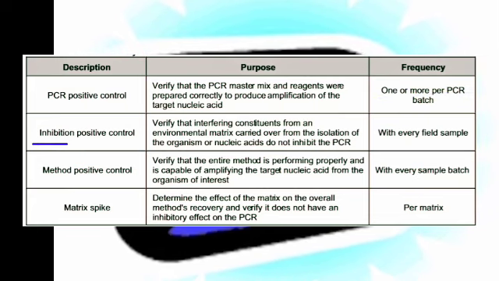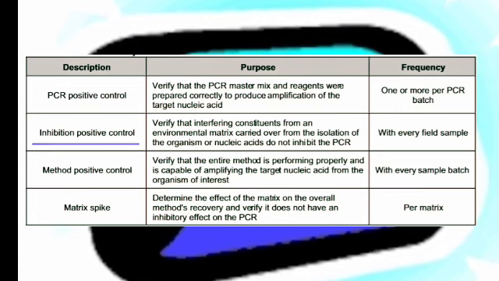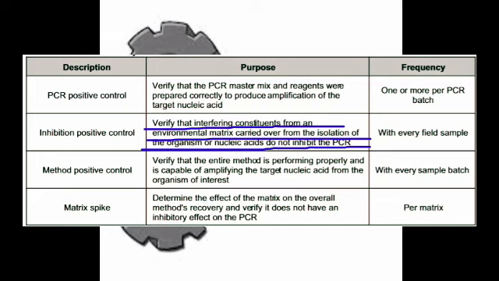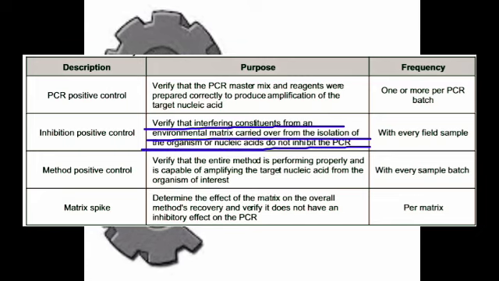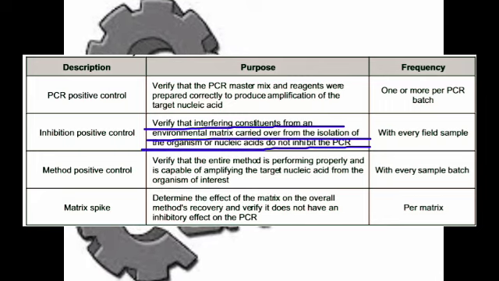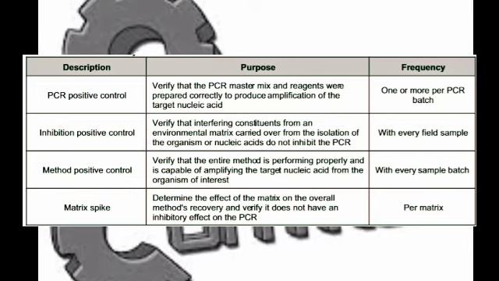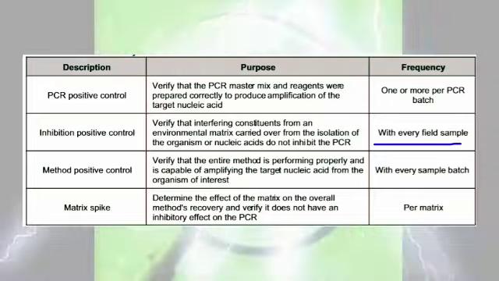Then there is inhibition positive control. These are used to verify that interfering constituents from the matrix carried over from the isolation of organism or nucleic acid do not inhibit the PCR, and again this should be done with each batch.